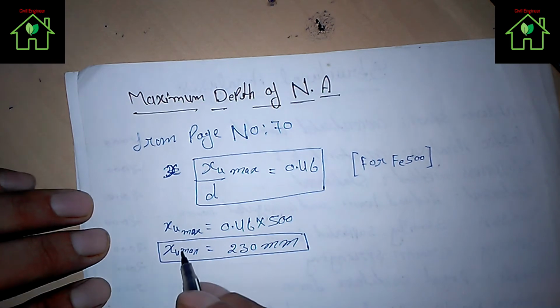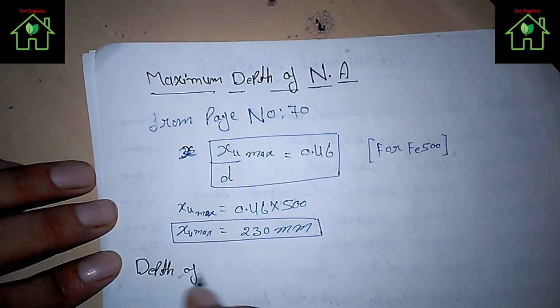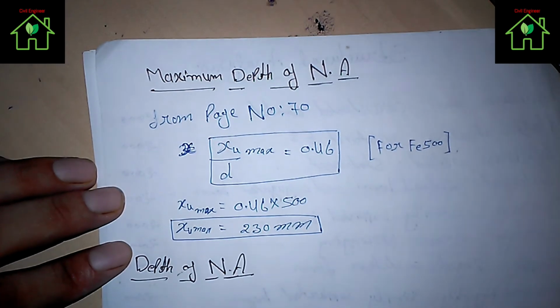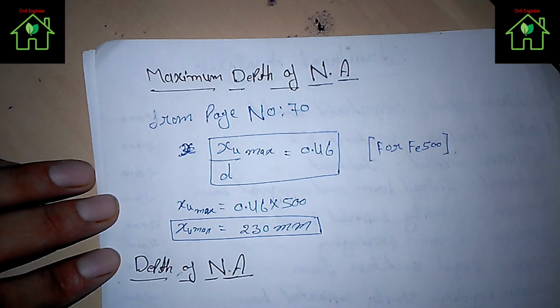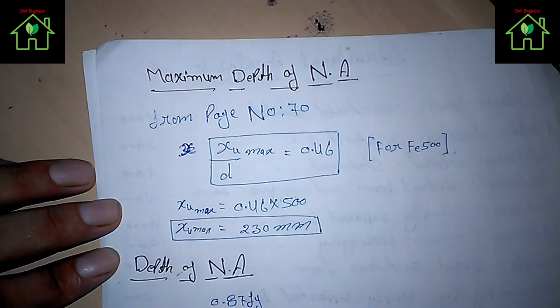After getting this value, we will go for depth of neutral axis. So what is the formula of depth of neutral axis? Xu is equal to 0.87 fy Ast divided by 0.36 fck b.